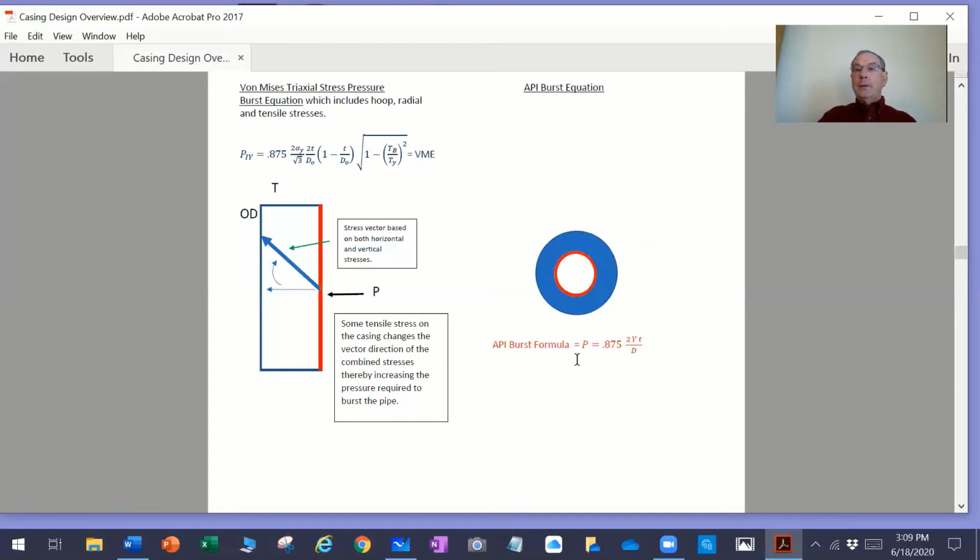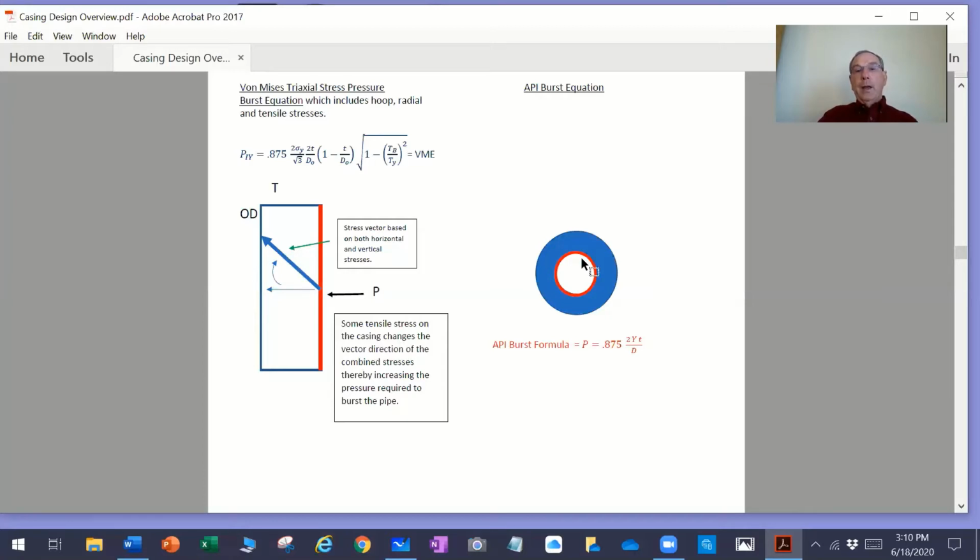That only gets you to the stress level at the very ID. So this very red is at the ID of the pipe, and the wall thickness of this pipe may be extremely thick. So it's not going to rupture the pipe because it's at the ID of the pipe, which is very thick, as in the example I showed in the first video.